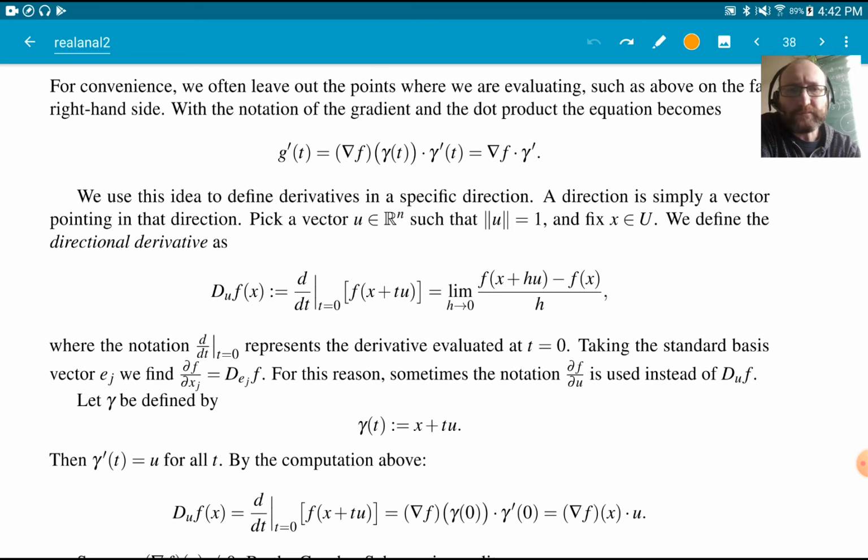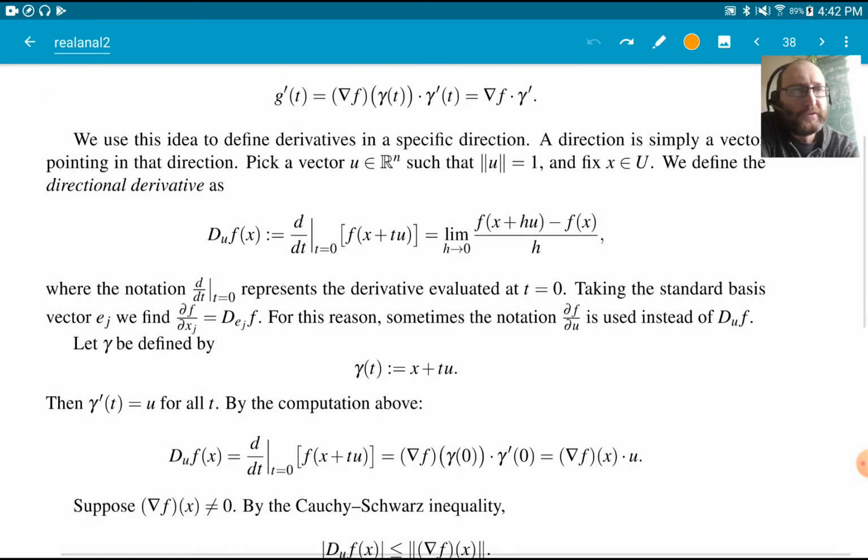So let's think about that. What we could do is, instead of ej as we had before, take any u which represents a direction, which really just means I'm going to take a vector of norm 1.